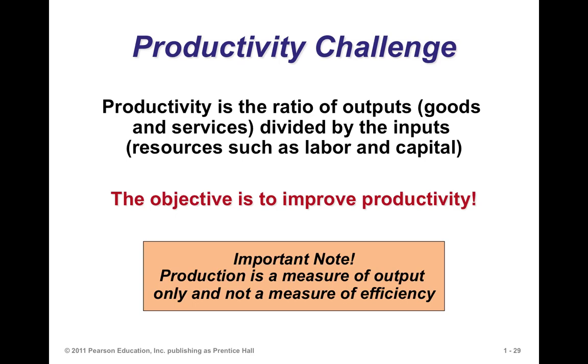And so productivity is the ratio of outputs, that is goods and services that we produce, to the inputs, the resources that we consume to produce it. So if I'm making 100 widgets, and it took me 5 hours to make it, then I'm making 20 widgets per hour, and that's my productivity rate at this point.